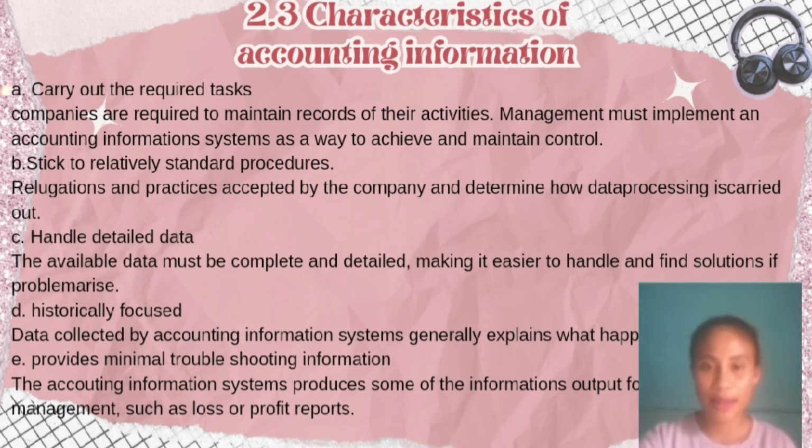Data collected by the accounting information system generally explains what happened in the past. The fifth, provides minimal troubleshooting information. The accounting information system produces some information output for company management, such as loss or profit reports.